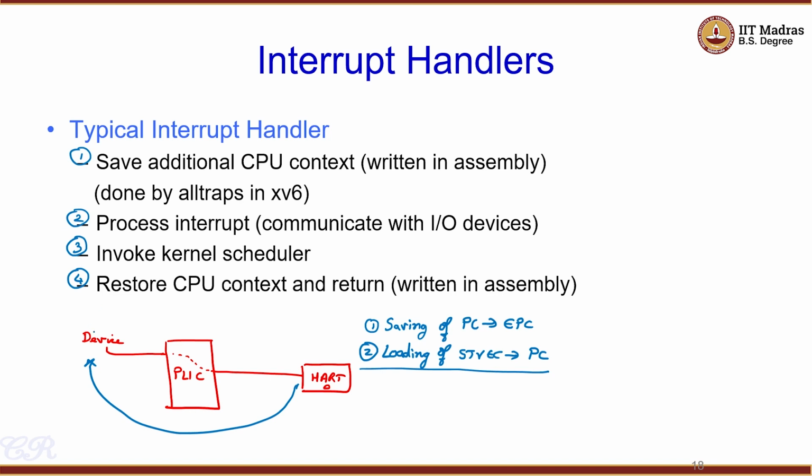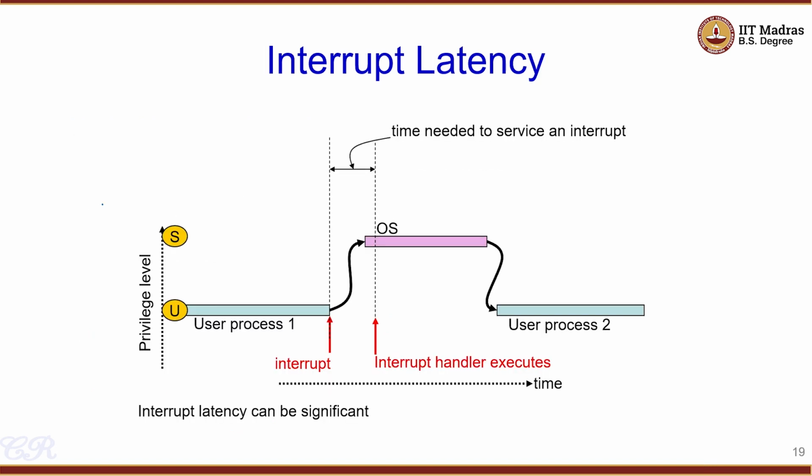The time taken to handle interrupts depends on the time taken for routing the interrupt through the PLIC, and also the time taken for HART 0 to start servicing this interrupt. In addition to this, we have all of these four steps which are done in software. All this affects the time taken for an interrupt handler.